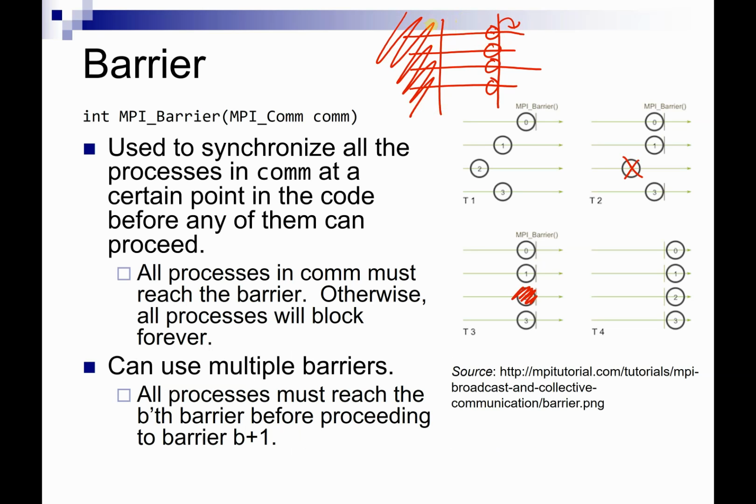Once everybody's done the first chunk of code, all the processes are going to do the next chunk of code, but none of them can do the third chunk of code until all of them have finished the second chunk of code. So you can think of the barriers as breaking the code into these phases, and the phases have to be done in the same order by all of the processes.